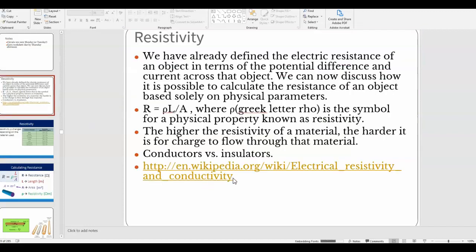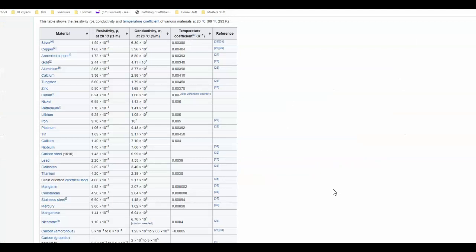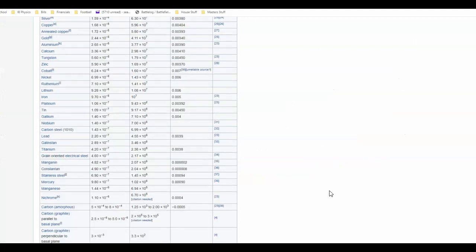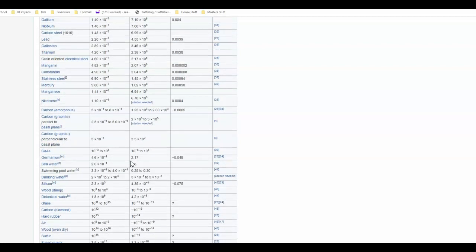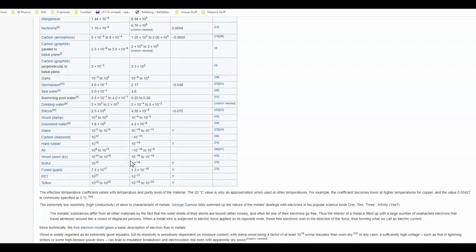I think if I get to the internet, I can find a chart with resistivity on it. This is just taken from Wikipedia. Obviously, if you're an engineer, you probably wouldn't be using Wikipedia for a reference. You would probably have your own reference guide with different resistivity values. Although I do want to point out, this is probably too hard for you to read, or the text might be too small.